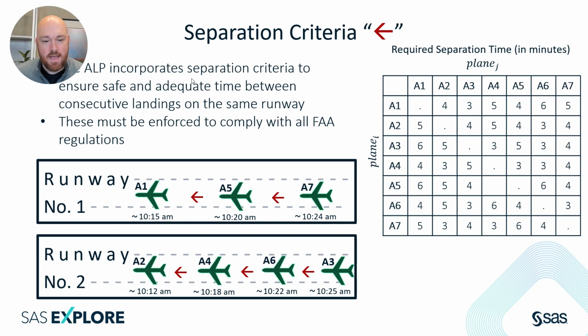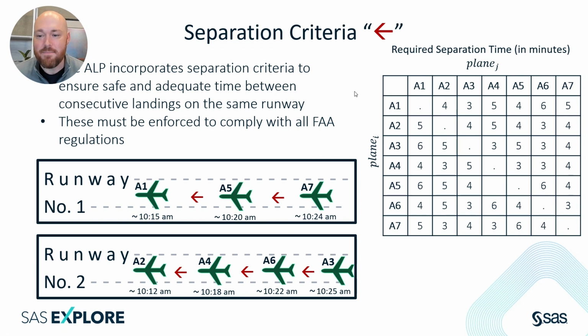So, for example, taking a look at airplane 1, if airplane 1 lands on runway 1 at 10:15, and airplane 5 wants to land directly after it, well, row A1, column A5 gives us 4 minutes. And so there has to be a 4-minute separation window between A1 and A5 if plane A1 lands before plane A5 on the same runway.